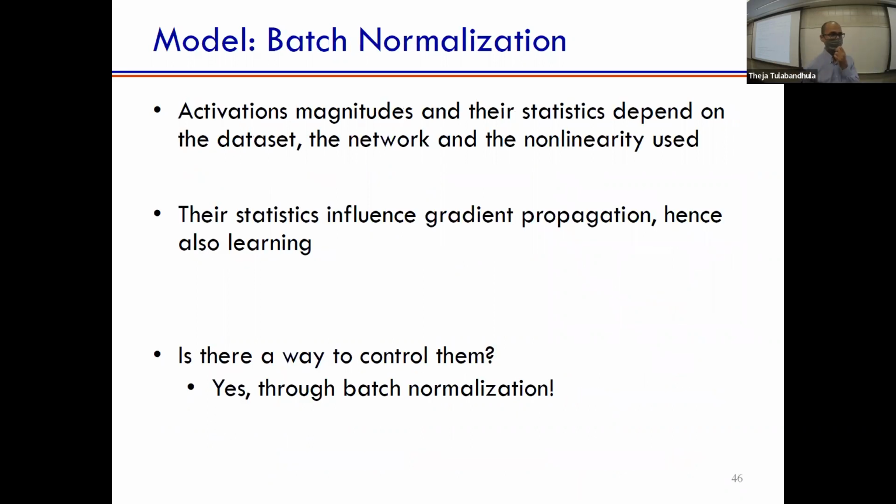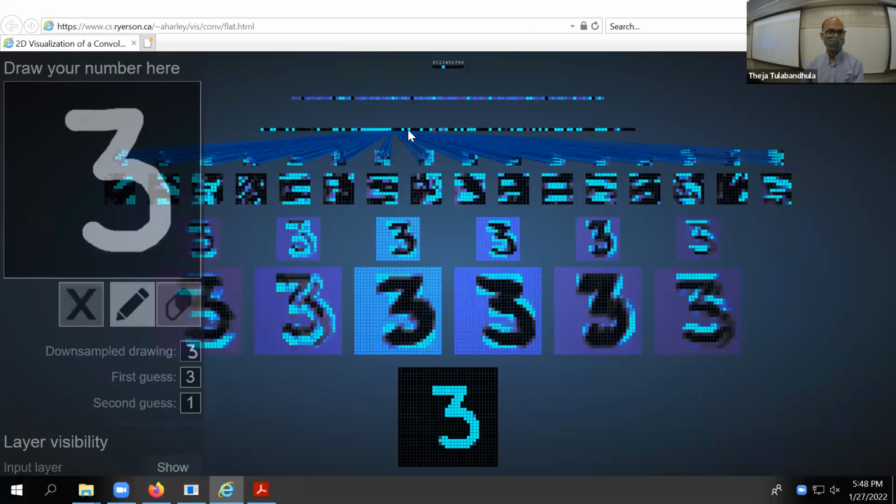Next is batch normalization, which is again trying to deal with this idea that once I define a network, I don't have control over, if you think of any layer, let's say the fully connected layer here, the magnitudes of these values. For this vector here, those are numbers.